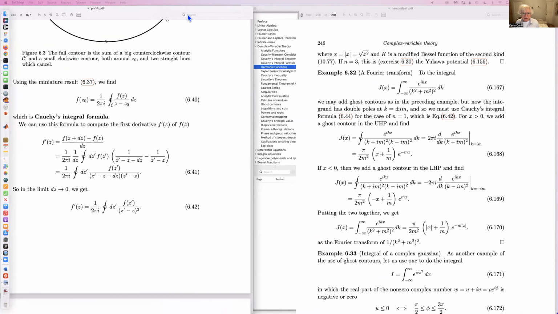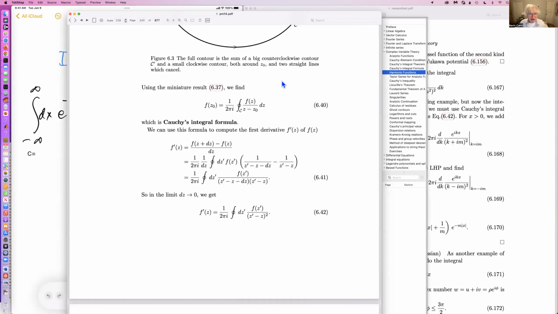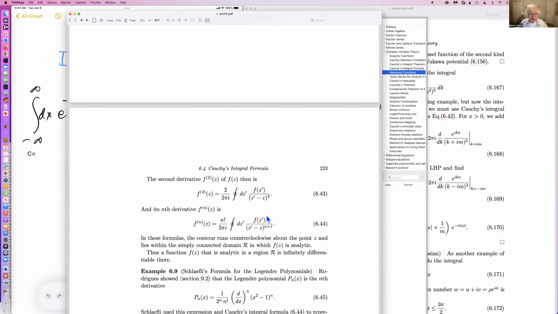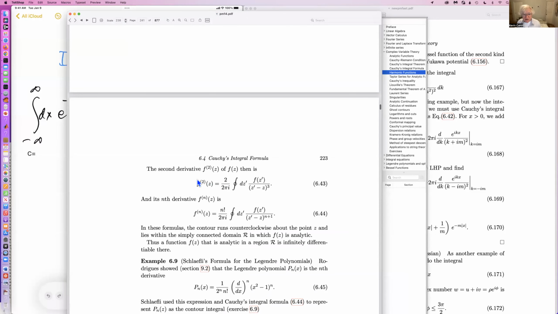So here's the simplest Cauchy's integral formula, but then if you differentiate that with respect to z0, what you find is that the Cauchy's integral formula for the first derivative is the function over z prime minus z squared. And the second derivative, it's 2 over 2 pi i, same integral, but z prime minus z cubed.